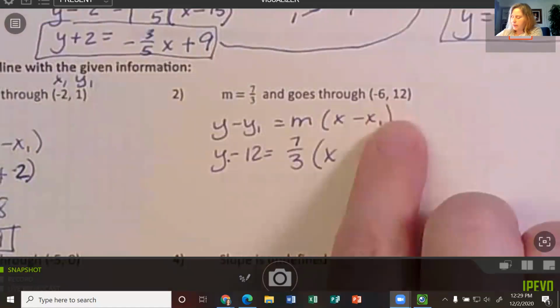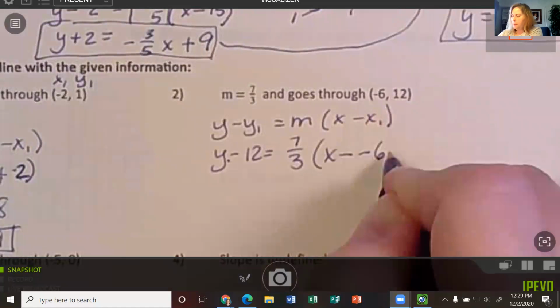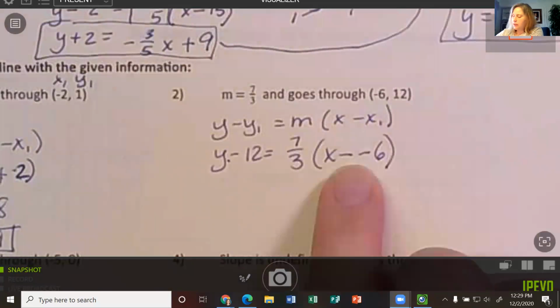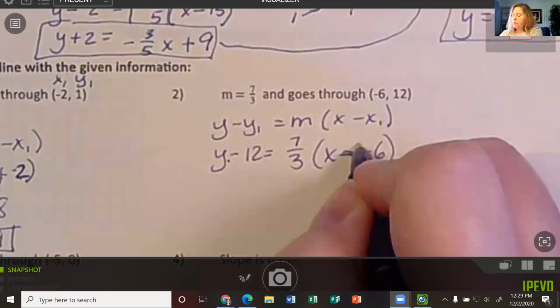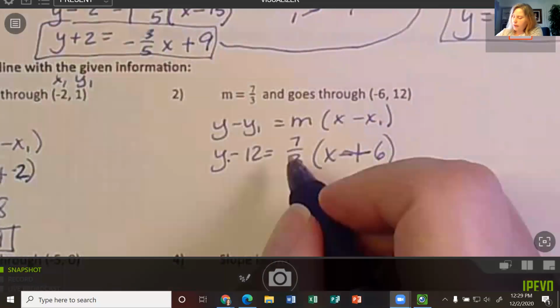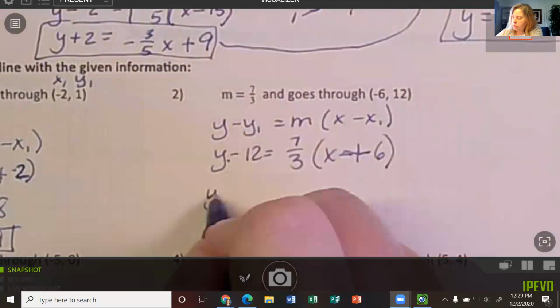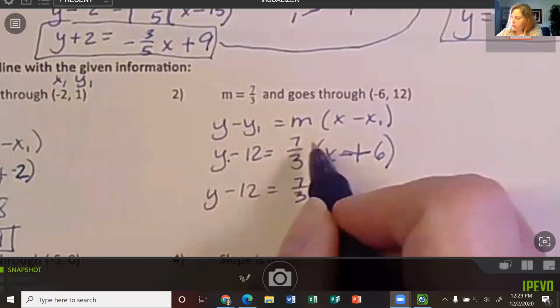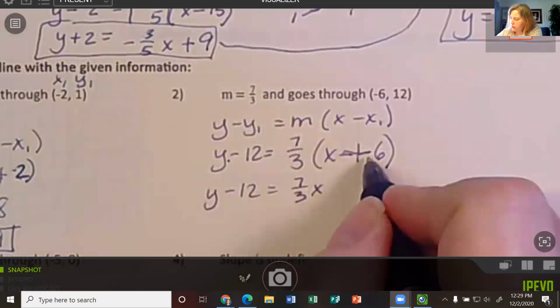So x minus -6. And then we can go ahead and simplify. Minus -6 is the same as plus 6. And we can distribute. So we have y minus 12 equals 7/3 x plus 42/3.